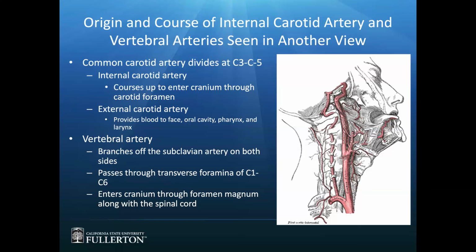It's protective in function. And it is, by the way, too deep to feel. So you can palpate the common carotid and even the internal carotid artery. You can feel way up here, and I'm well above my thyroid cartilage, and I can feel it pulsing. Not the vertebral, however, it's too deep. So it just courses upward through those transverse foramina of C1 through C6, and then it gets up to the base of the skull, and it enters, one from each side, through the foramen magnum.